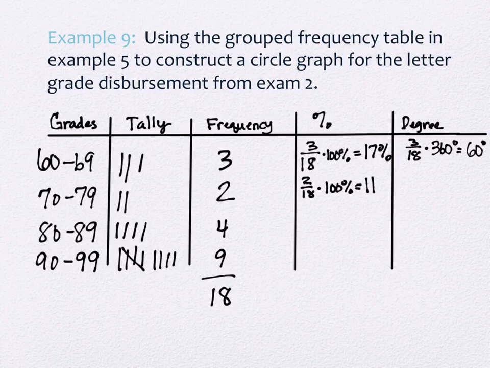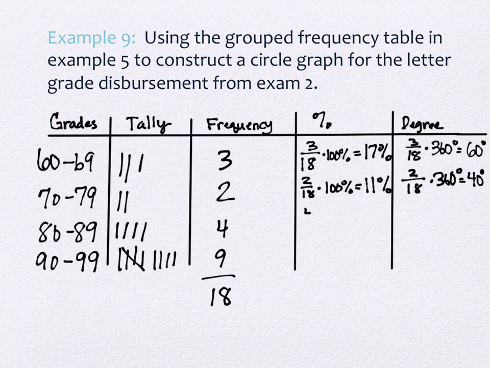It's 11%. And then we'll take that same 2 over 18 and we'll multiply it by 360. 40. So again, this is a degree at the end. So percent in the middle, degrees at the end.